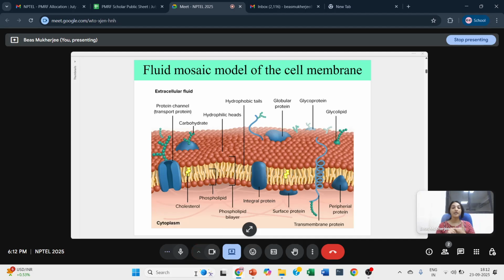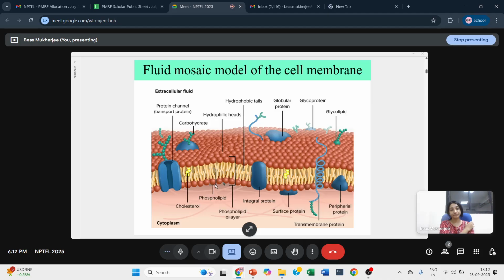We'll carry on. These lipids have a head which is hydrophilic in nature and a tail which is hydrophobic. The tail, you can see, points inward, and the head remains in contact with the liquid.